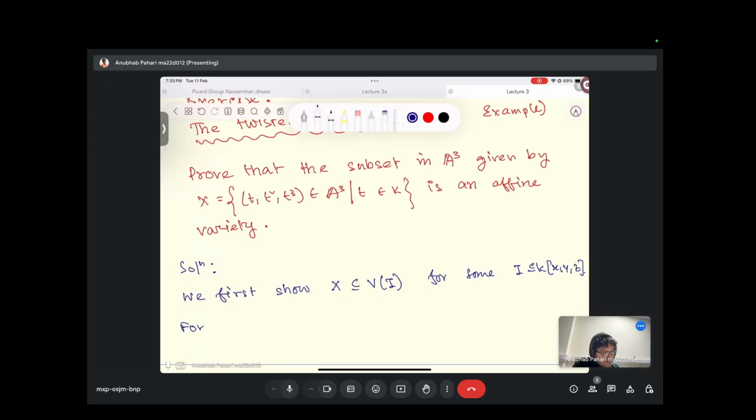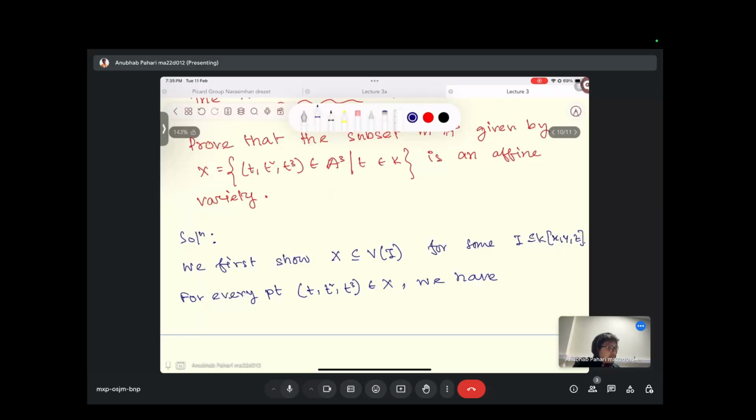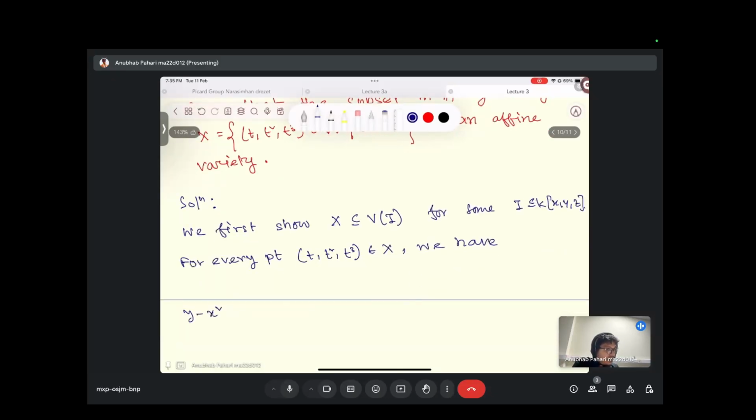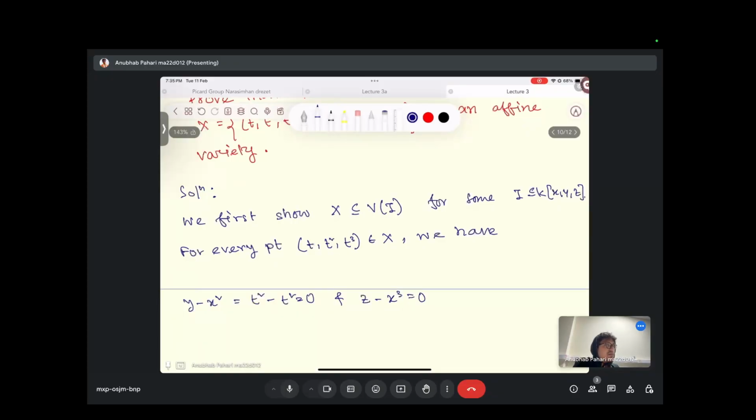Now for every point (t^2, t^3) of X, we have y minus x^2 equals t^2 minus t^2 equals 0, and z minus x^3 equals 0.